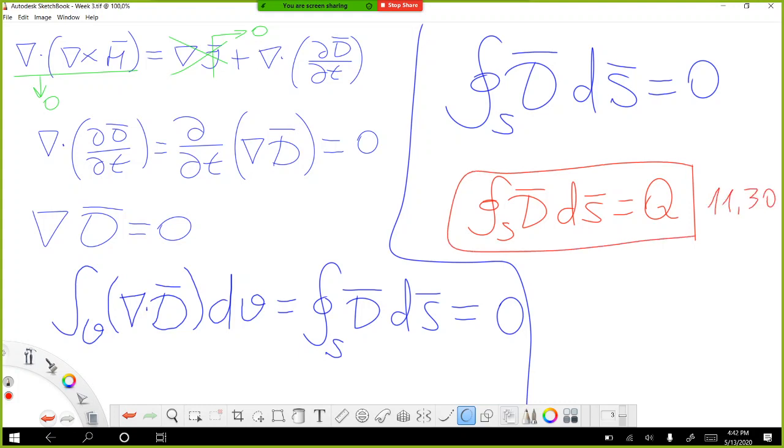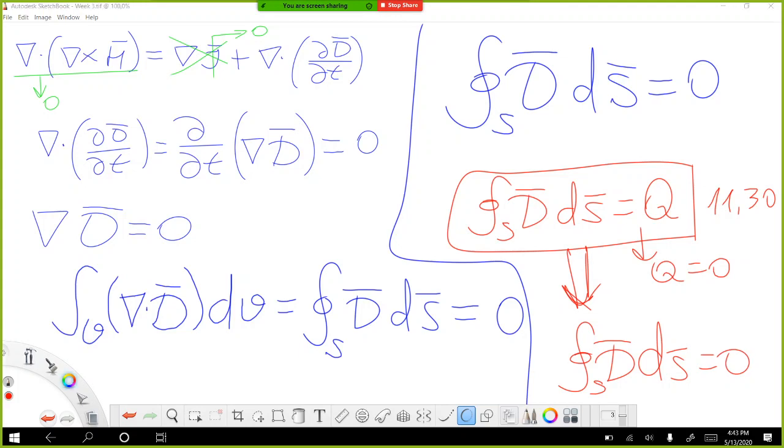And for q equal to 0, this equation becomes the integral over S of D dS equals 0, which is exactly the same equation.